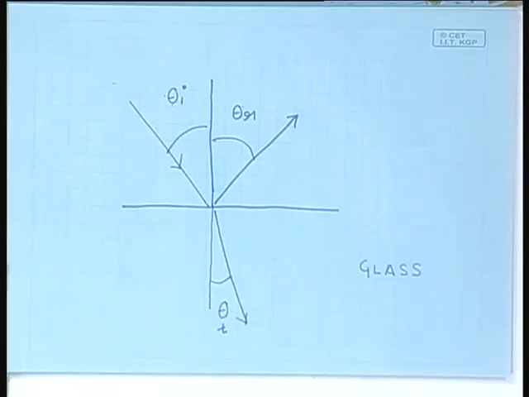Now, let us go back to the basic question, what is the origin of this phenomenon of refraction? How does the electromagnetic wave interact with the dielectric medium, with this medium into which it is entering? What is it that produces the reflected wave?